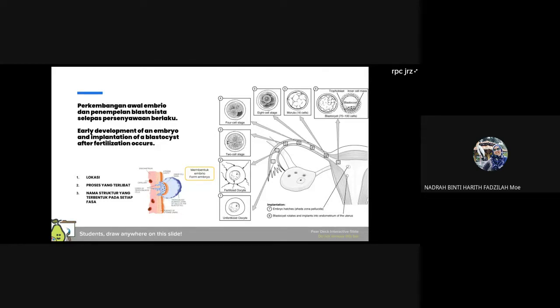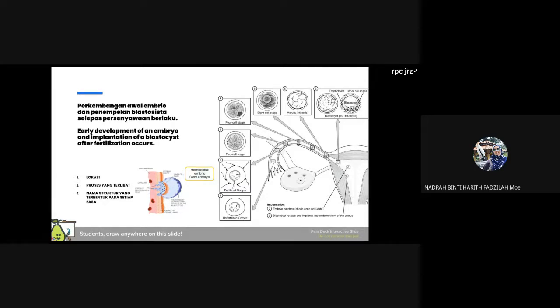So as we have looked at oogenesis sebelum ni, after ovulation, Graafian follicle stay dalam ovary tetapi secondary oocyte release into the fallopian tube. So when we are describing development of embryo, antara steps yang kita kena sebut ialah location, what are the processes involved and also the name of the structures involved lah.